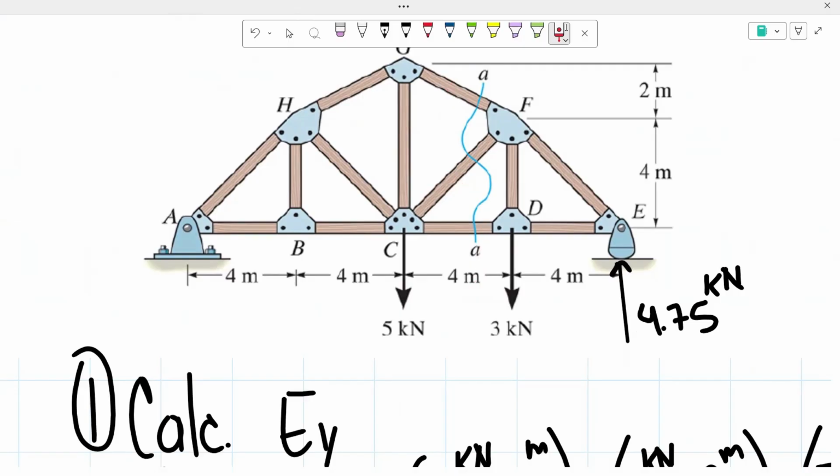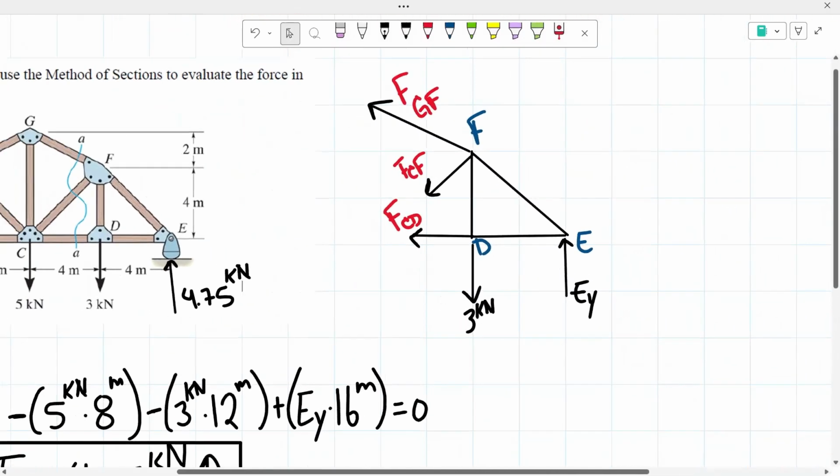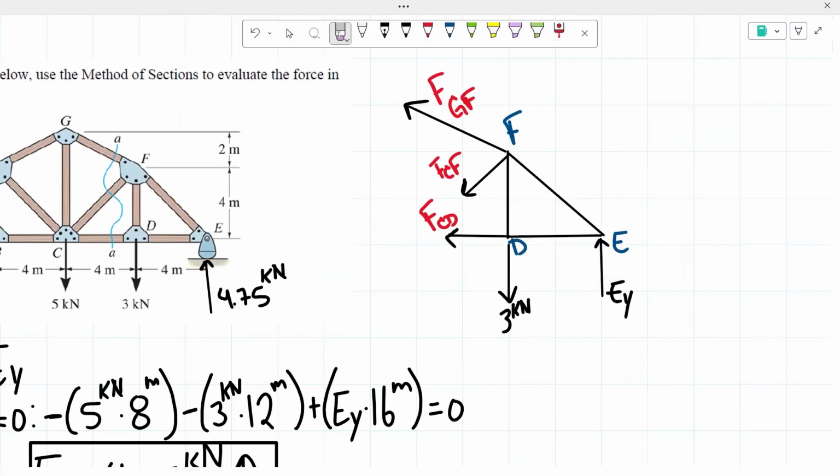So the next step would be drawing out the right side of the truss that you're going to be working with. As you guys can see, I already drew it out here. We have our bar EF, our bar DE, our reaction right here, which I can now replace with the value 4.75. From there, we have our force of 3 kilonewtons right here.